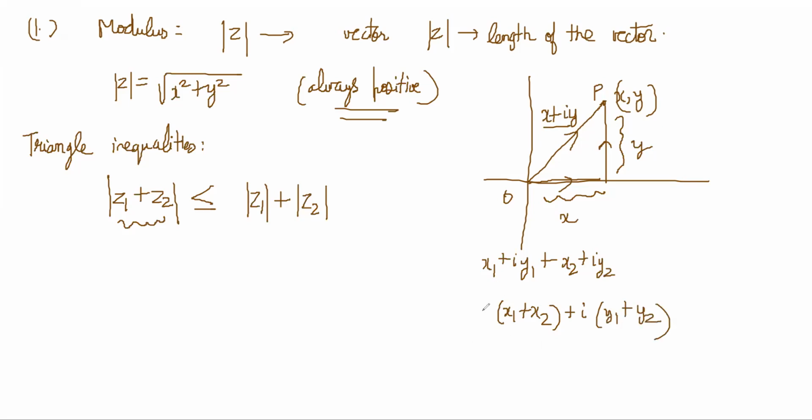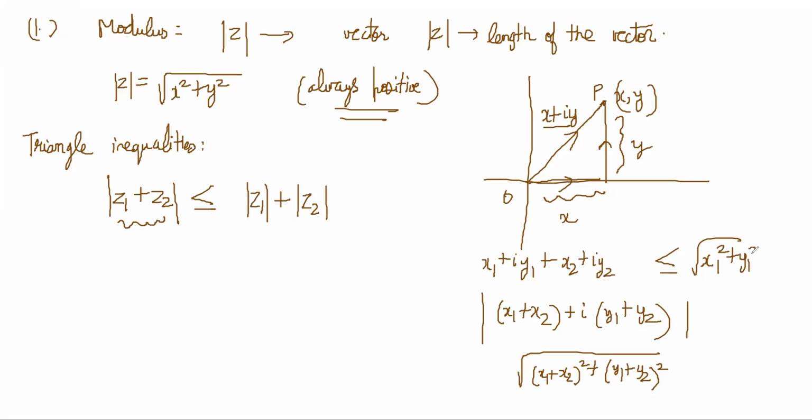And the mod of that will be root over x1 plus x2 whole square plus y1 plus y2 whole square. Now you can see why it should be less than or equal to root over x1 square plus y1 square plus root over x2 square plus y2 square. Because they could have opposite signs to each other. X1 and x2 could be 5 and minus 3, and when you do x1 plus x2 it reduces.